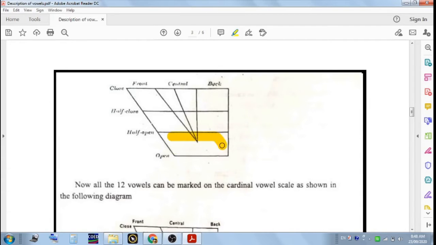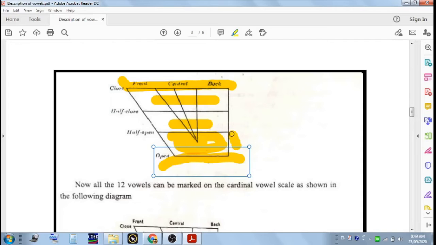This is palate and here is the tongue. So the tongue is raised towards the palate in this way.